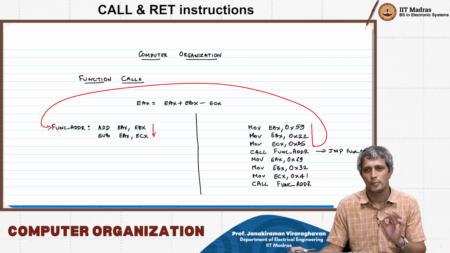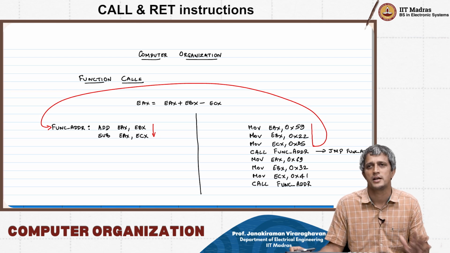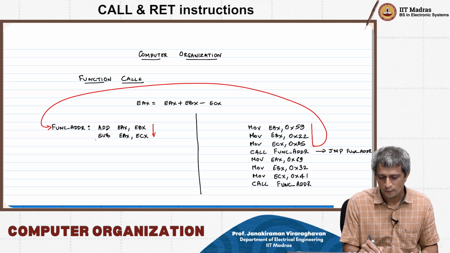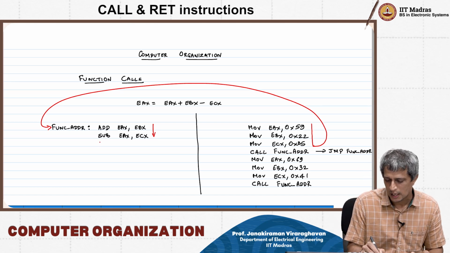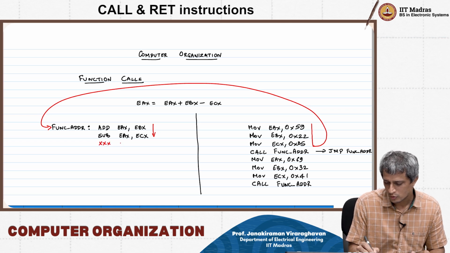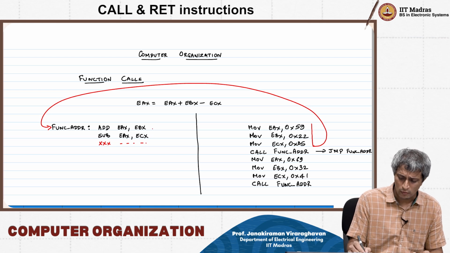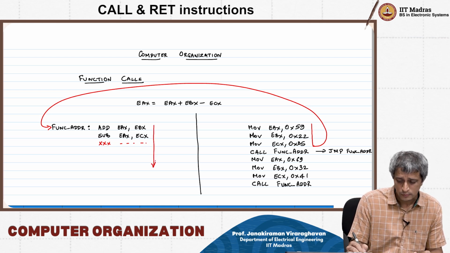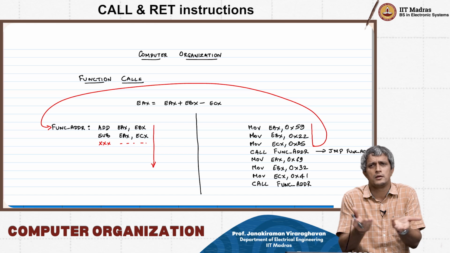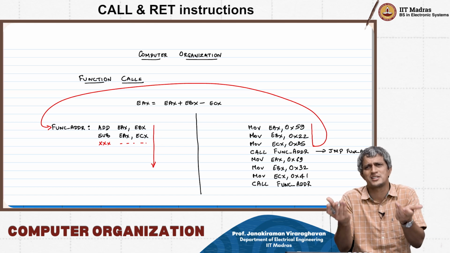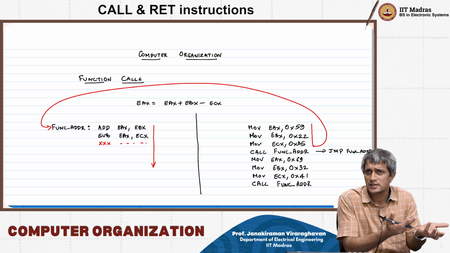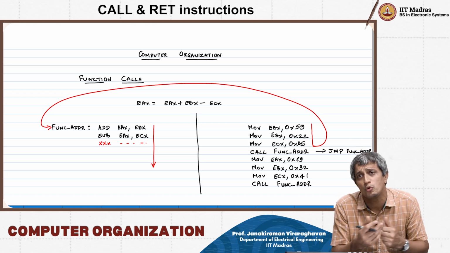The only problem is, after it does the addition and subtraction, where does it go? Of course, after subtraction, there will be some garbage instruction here, right? So after subtraction, the program will continue to execute like this. Whatever resides in memory, in the code segment, will be interpreted as some instruction, and the program will continue to execute.